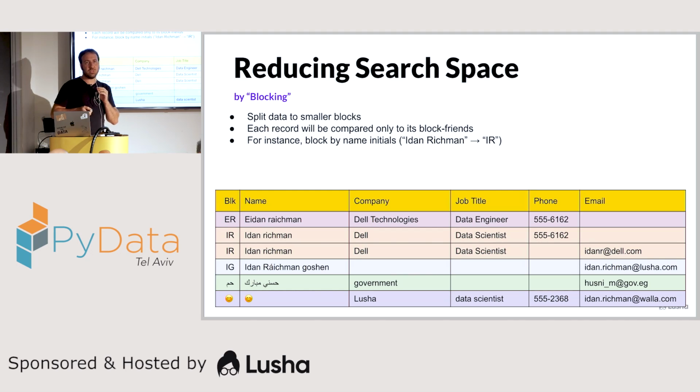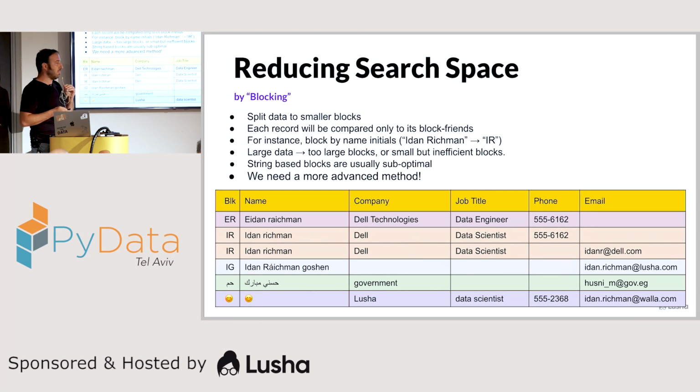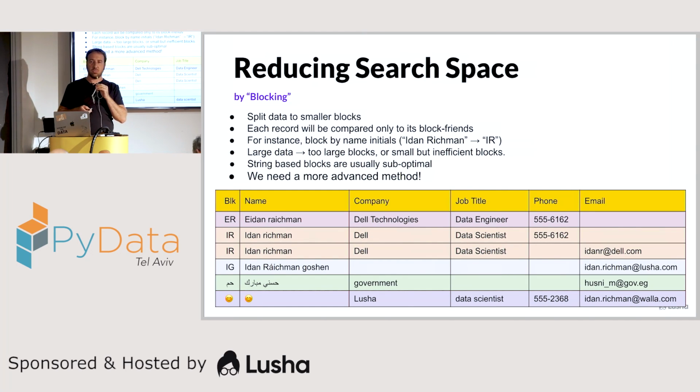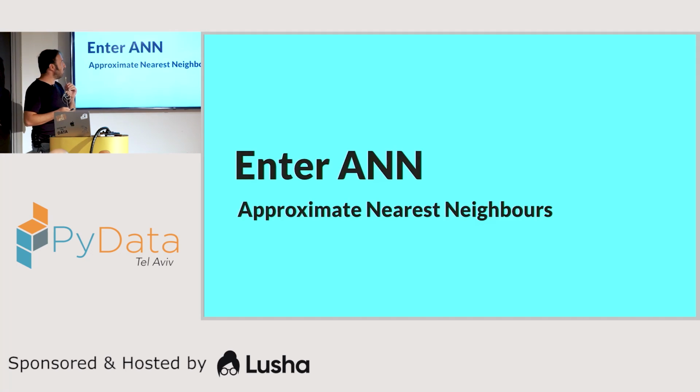For instance, using the initials: I take the first letter of the first name and the first letter of the last name and group by those, so I've got IR, and I compare them both. Each record is compared only to the other records in the same block or cluster. This is suboptimal: even with large data the blocks will be large, and if I split into many blocks it won't be efficient. So we need something better, something more advanced.